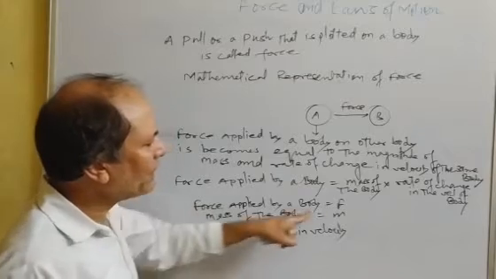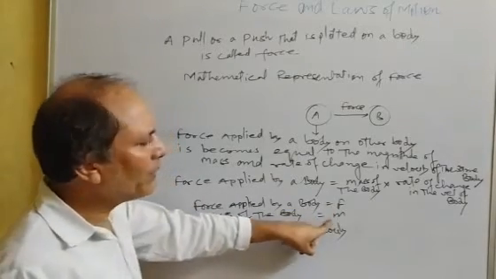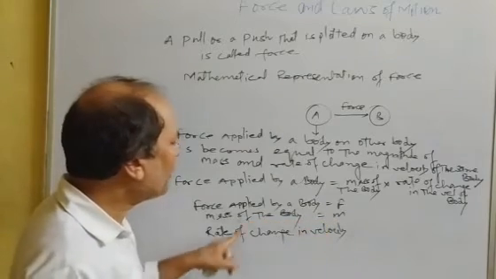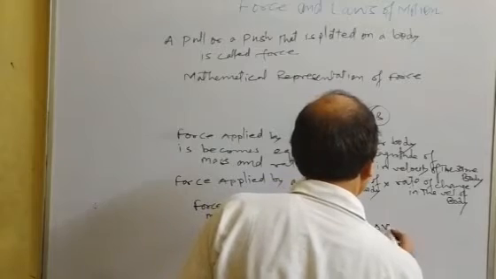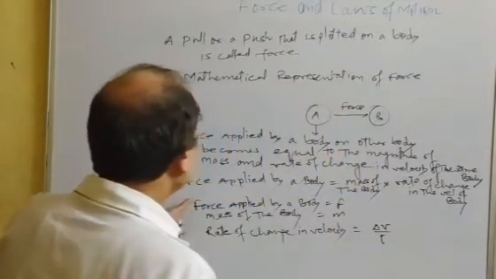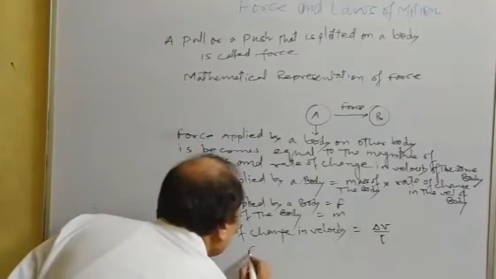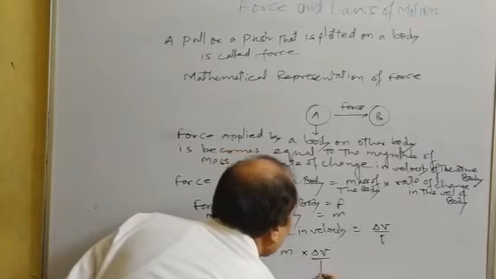If the force applied by a body is denoted by capital F, mass of the body is denoted by small m, and the rate of change in velocity is denoted by delta v by t, it means force applied by the body, F, is equal to m into delta v by t.